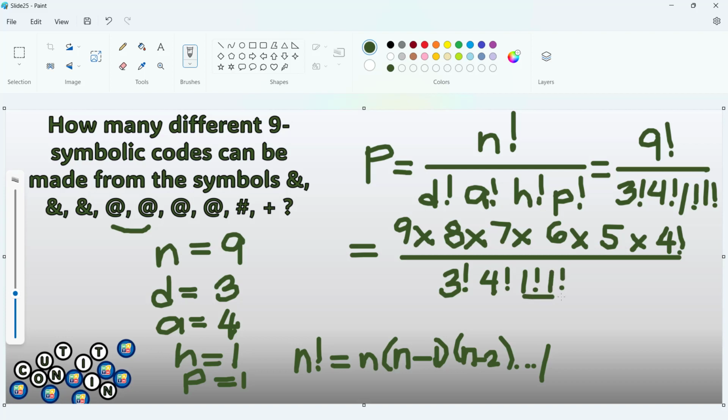Automatically, these two are just equal to 1. Now, we have a 4 factorial here. I could extend it to 4 times 3 times 2 times 1. We also have a 4 factorial in the numerator, which is supposedly 4 times 3 times 2 times 1. But I can just automatically cancel those two.